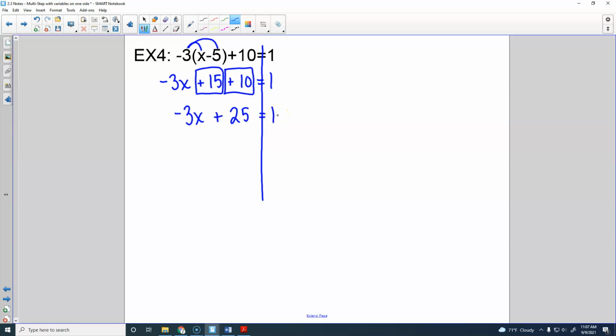Okay. And then you subtract 25. Wonderful. Positives and negatives, what's that going to be? Positive 1, negative 25.